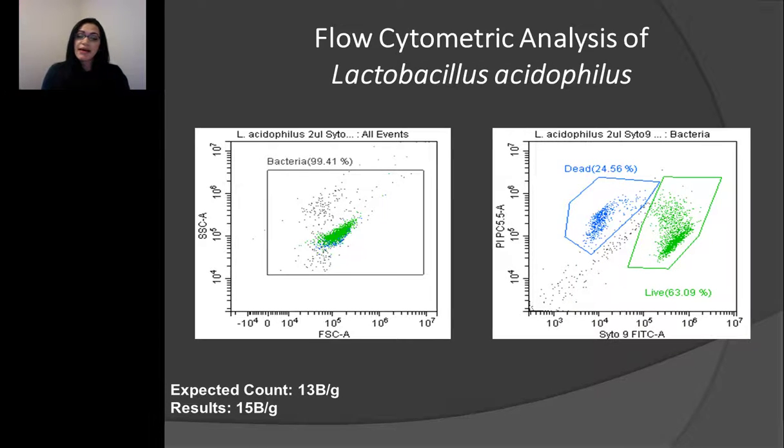This is Lactobacillus Acidophilus, and you can see the little difference between the previous one and this one. It's still a lactobacillus, but it's a little cleaner, and the data didn't present as much noise as the other ones.